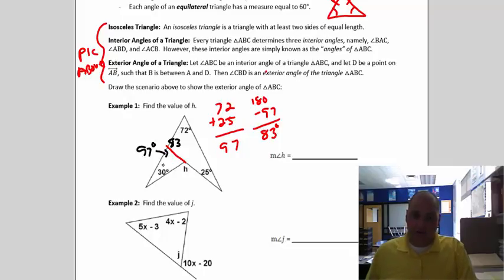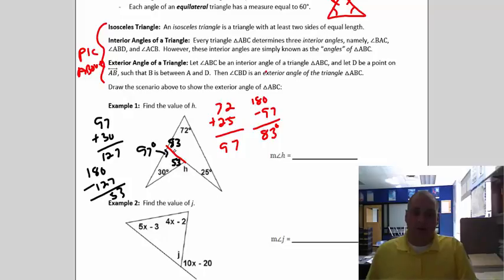Must be 97. And then if that's 97 and that's 30, 97 and 30 is 127. 180 minus 127 is going to be 53. So I know this angle right here is 53. This angle right here is 53, and h and 53 and angle h have to add up to 180. They're all supplementary.